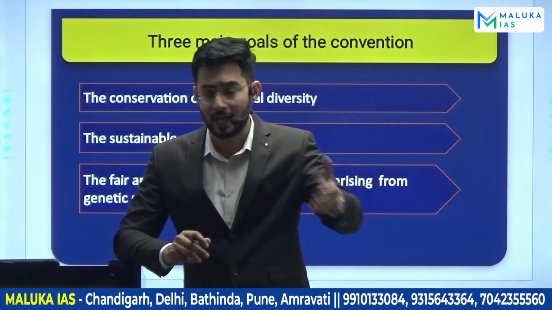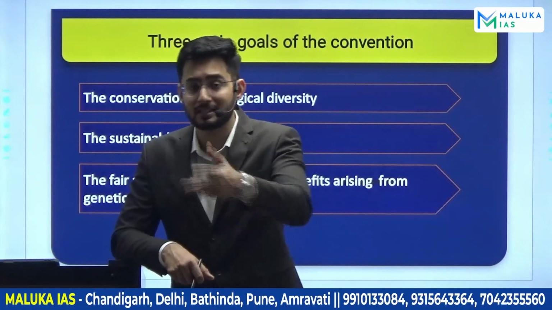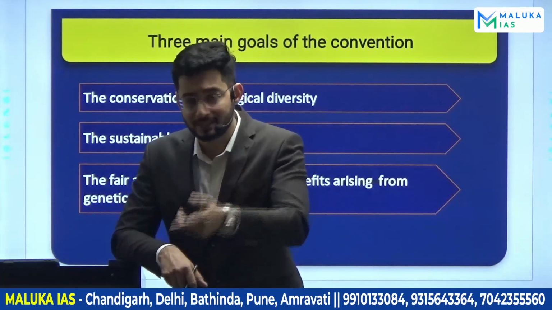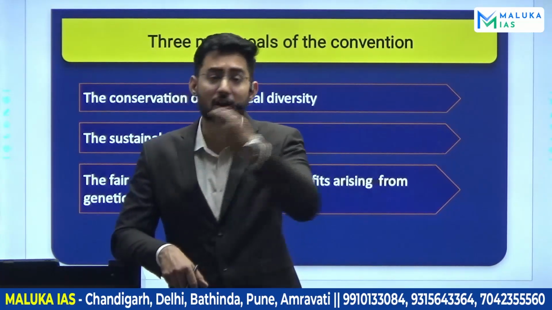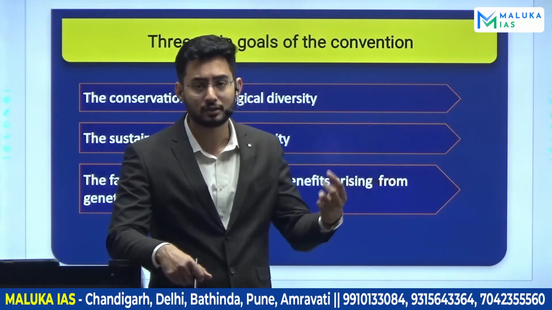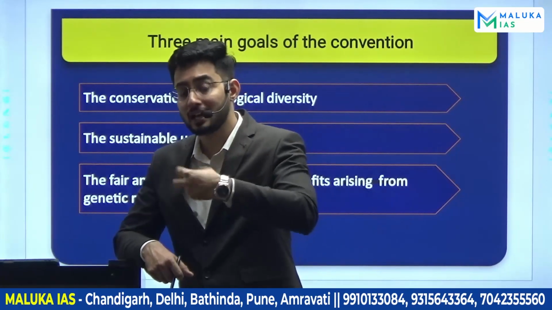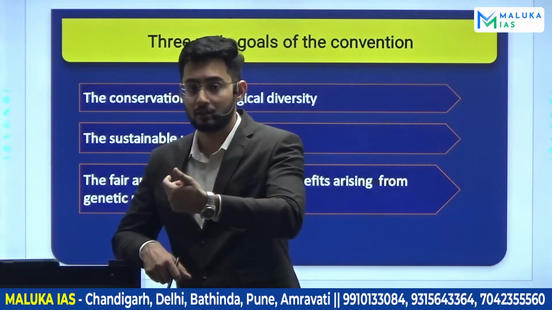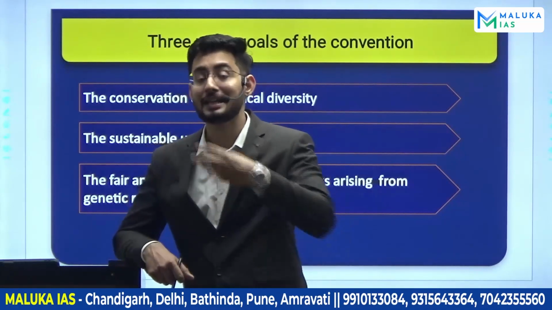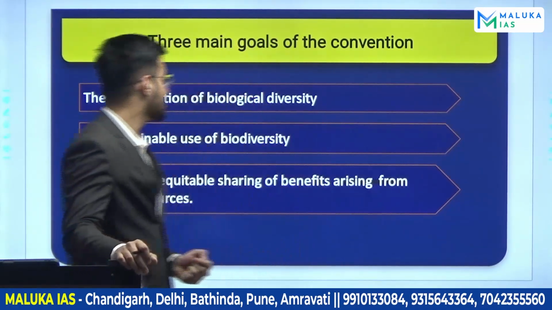Food is required, habitat is required. Habitat will be maintained by some other species. Food is required, so the other species will function as food for some other species, right? So there is a food web. We are not independent, we are interdependent on other species as well.